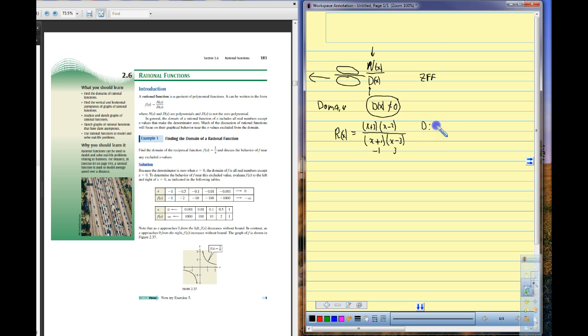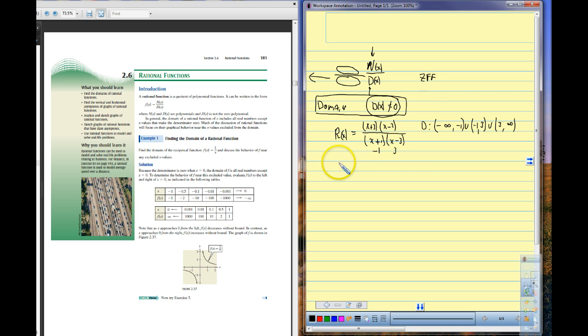So the domain of our function is all real numbers up to negative 1, not inclusive, then from negative 1 to 3, non-inclusive, because we have to take 3 out, and finally from 3 to infinity. Remember, the rule is the domain is where the denominator is not equal to 0.